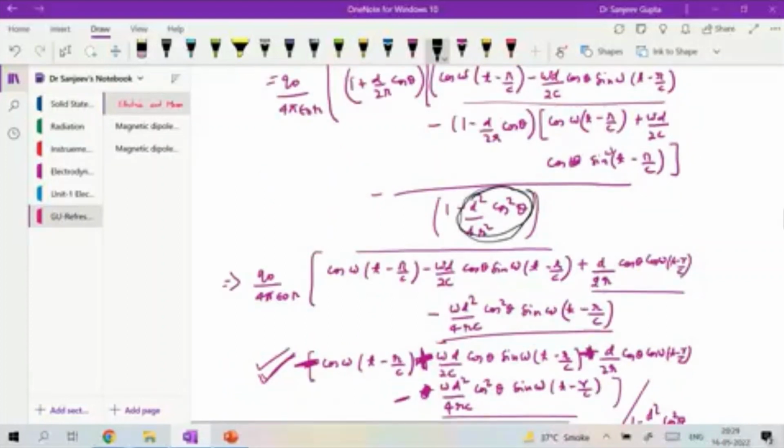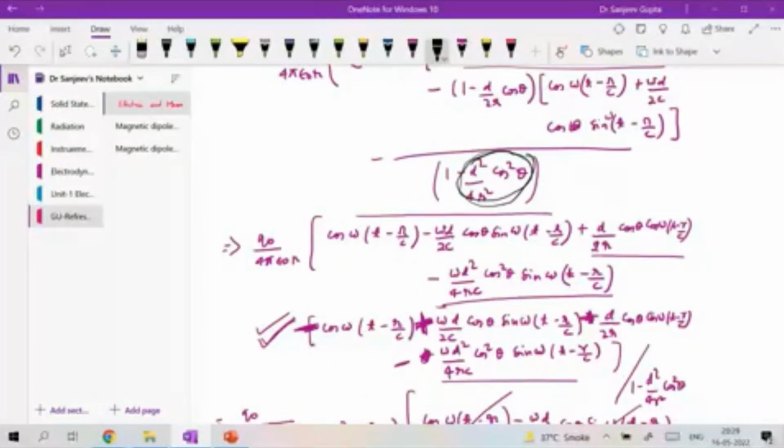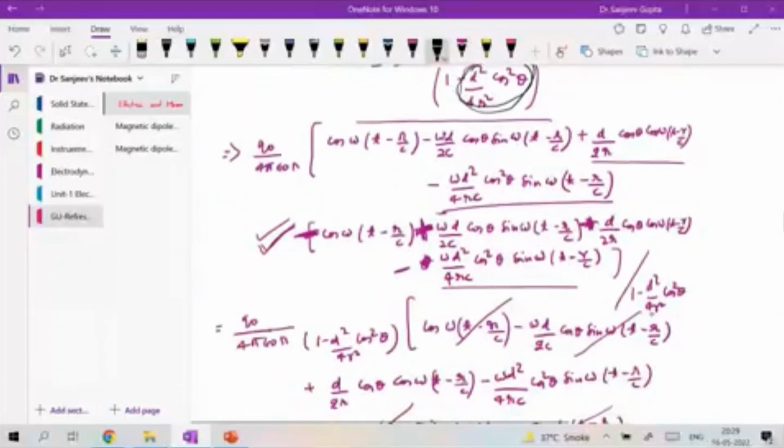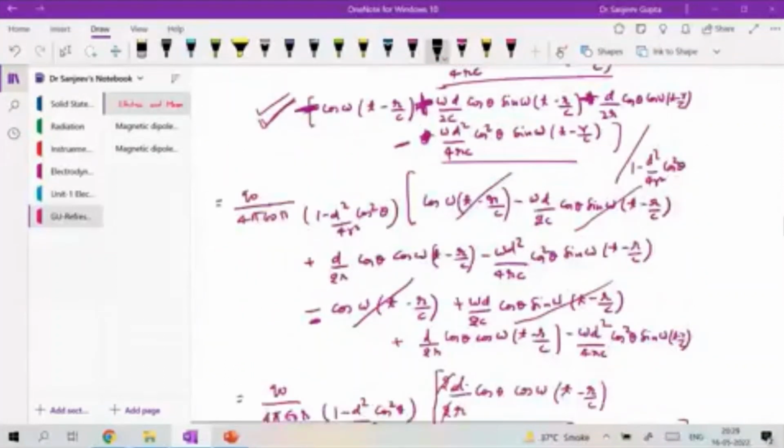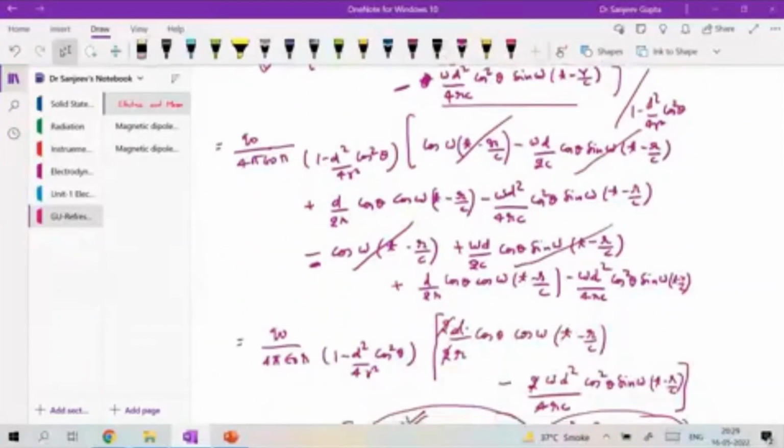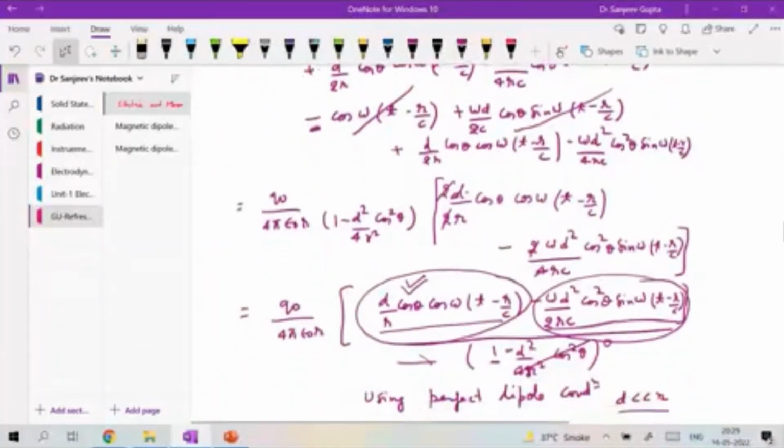And further, with rearrangement of the equations and some common terms cancelled out, I get the last term: q0 upon 4 pi epsilon r, d by r cos theta cos omega t minus r by c, minus omega d by 2c cos square theta sin omega t minus r by c, and that becomes a perfect dipole.